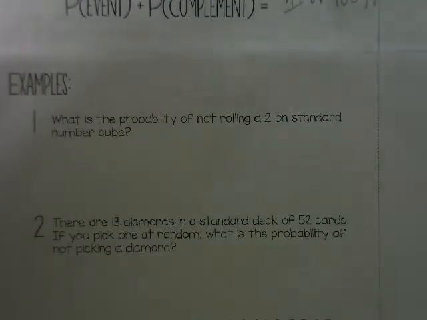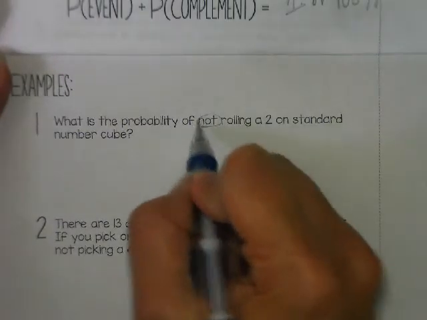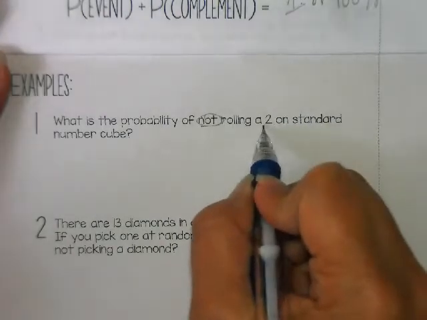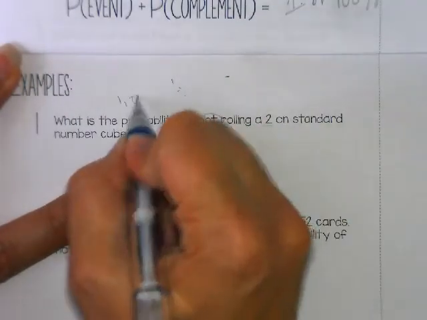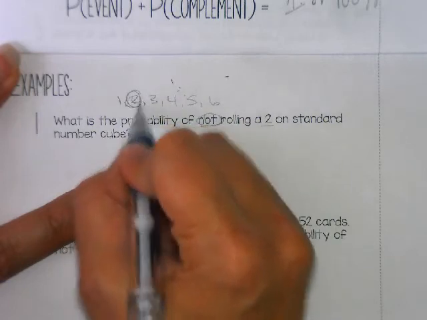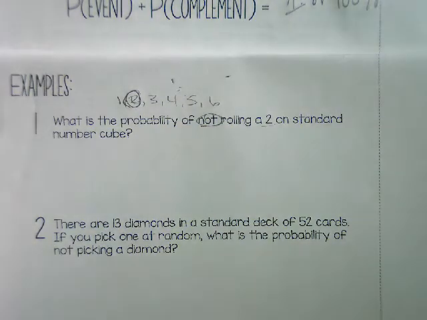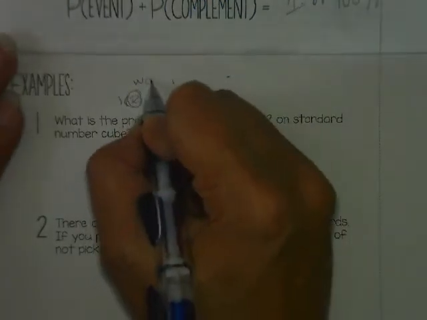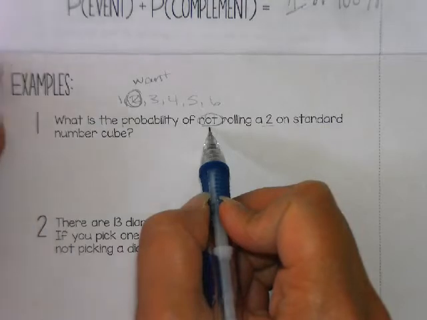What is the probability of not rolling a 2 on a standard number cube? Here are the numbers on my number cube: 1, 2, 3, 4, 5, and 6. If 2 is what I want, not a 2 is our complement.